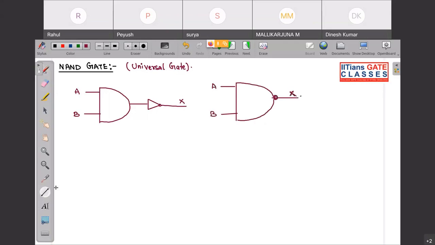Okay, so now if I want to draw, first let me write the logical expression. So it will be what? Here it will be A into B. Now if A into B passes through this NOT gate, it will be what? AB complement. So basically X is what? It is AB complement. So this is the logical expression of your NAND gate. Now if I want to draw the universal truth table for NAND gate, so this is low, low, low, high.